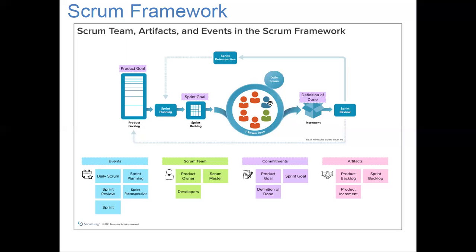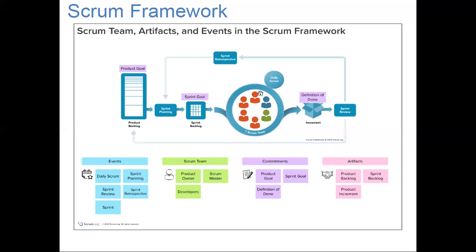A sprint can be one month or less in duration. During the sprint, we will have a daily Scrum meeting. In the daily Scrum meeting, we will discuss the next 24 hours of work, or we can say we will discuss the goal of the sprint.